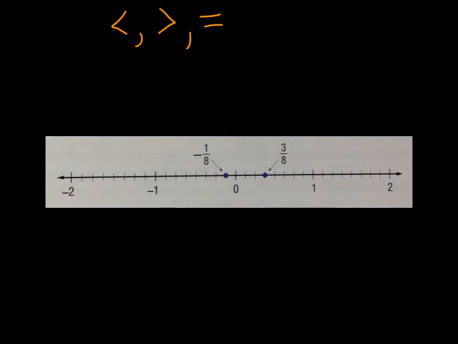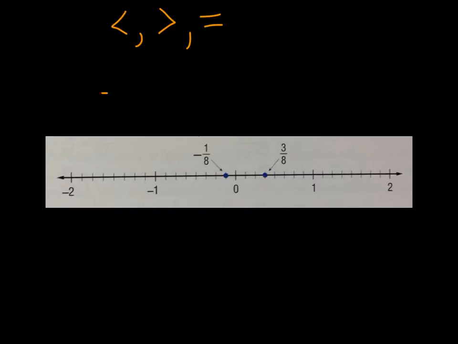Today we're going to be asked to compare different rational numbers. So we may be taking a look at a number line like this. Now the thing to keep in mind with your number line is the farther you move to the right, the greater your number becomes. So right here they've shown negative 1/8 and 3/8.